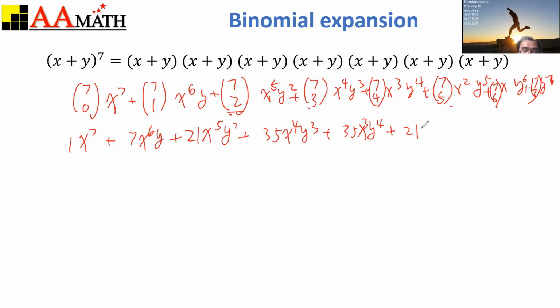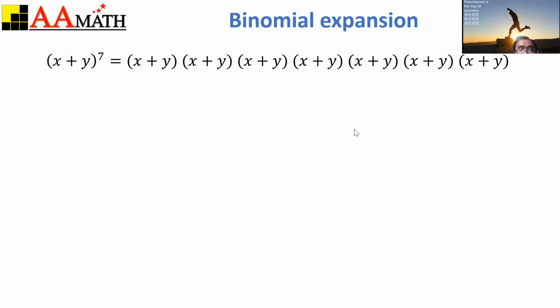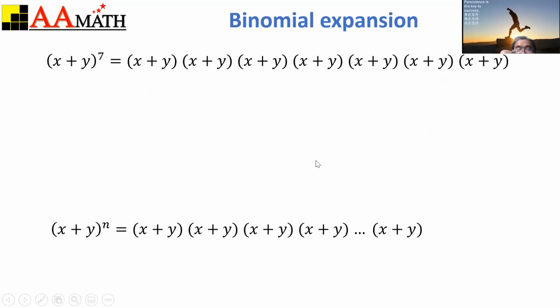You have 21x squared y to the power 5, plus 7x y to the power 6, plus 1 x to the power 7. Wow, that's a really hard question we solved. All right, so I think this one is the idea, right? So let you think about, if we have 2 to the power n, can you come up with a general formula?